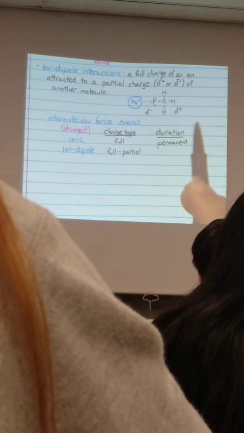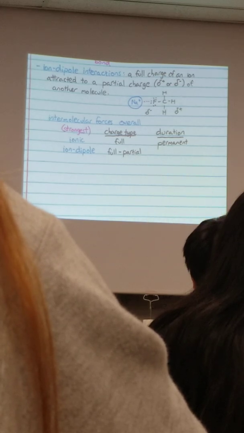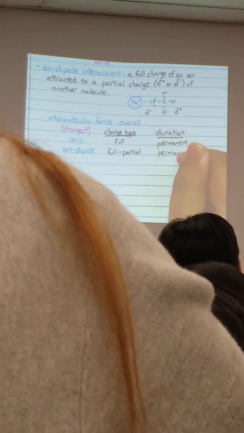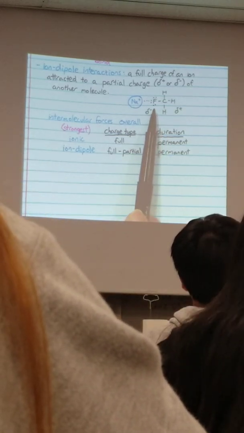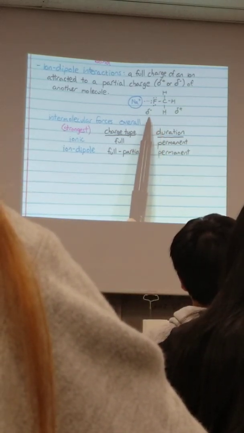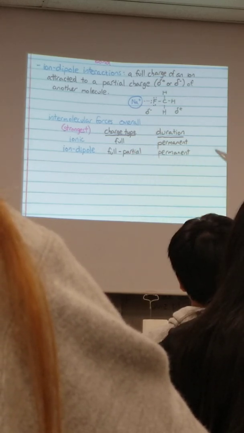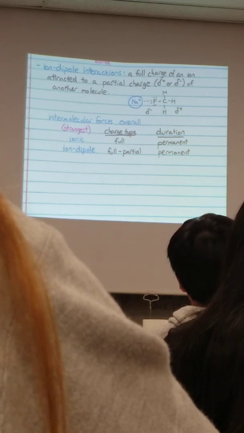However, can we still call both of these permanent? No. The answer is actually yes. Go back to the example we just did, okay? In terms of permanence, isn't the fluorine side always going to be delta minus? Oh, yes. Yeah, okay, permanent. Okay, so if you're wondering what's a different answer to this category, we're not there yet.